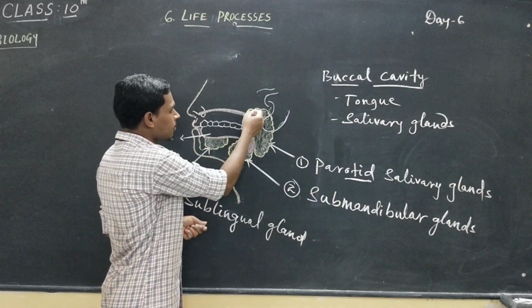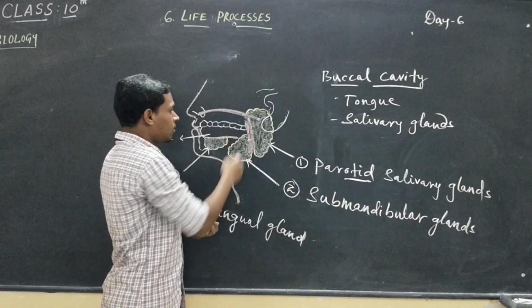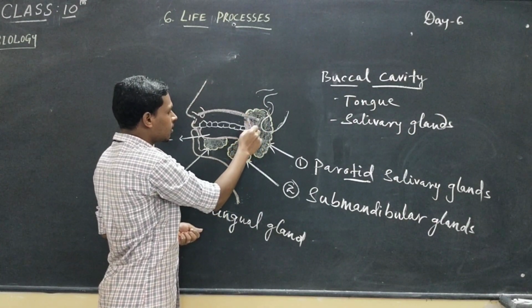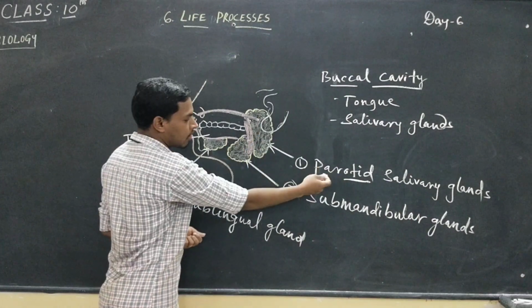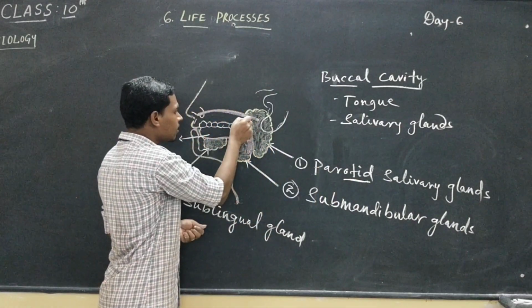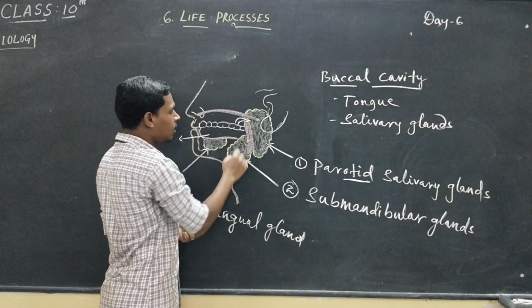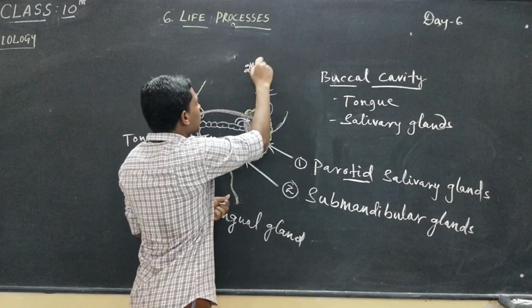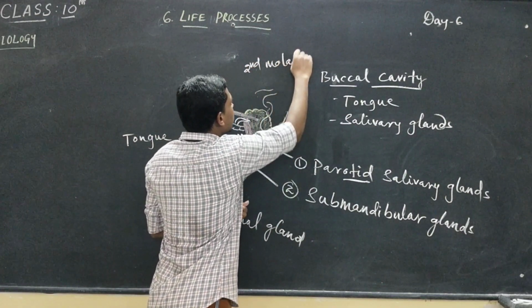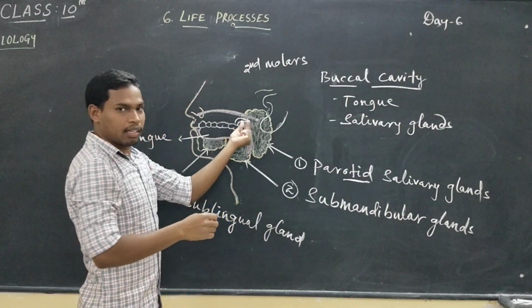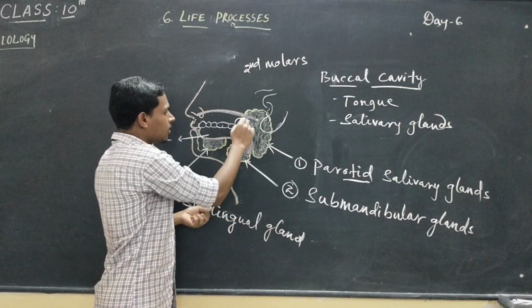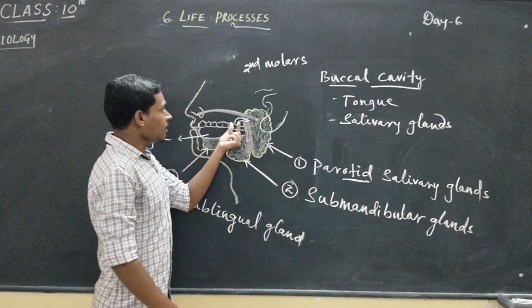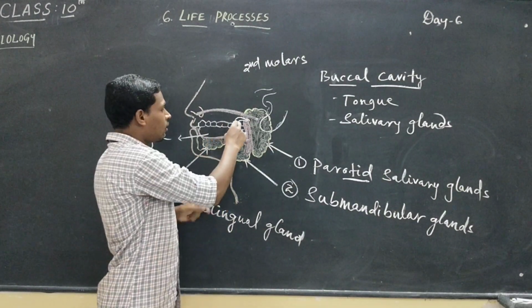So the parotid gland has its duct. The parotid salivary gland has its duct opening near the second molars.